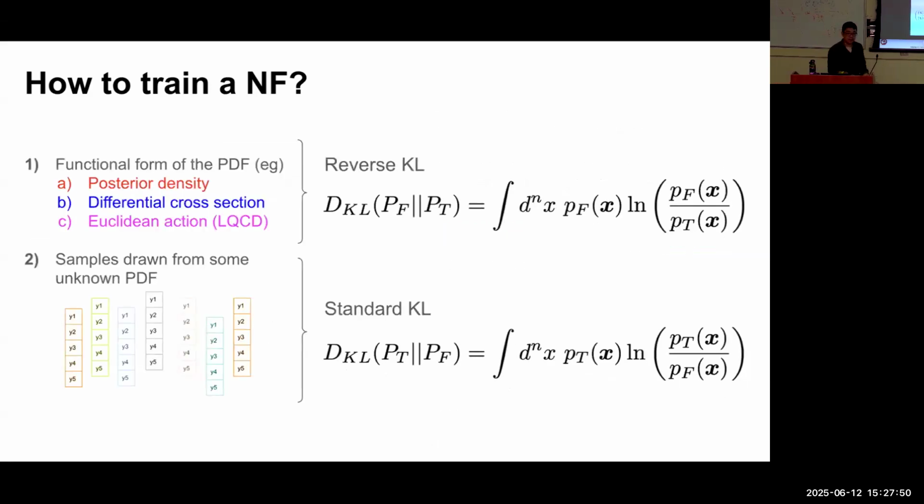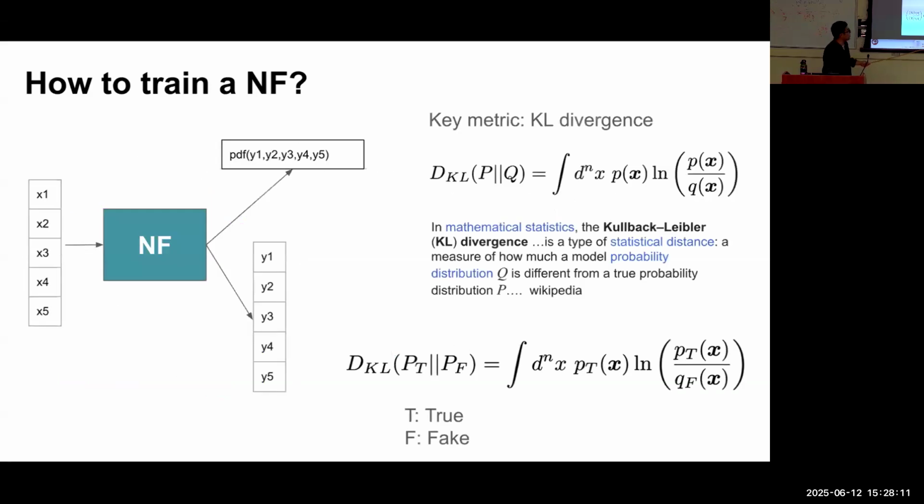So it turns out that depending on the form of data that you are training on, you need to actually adjust that KL divergence. If you are working with samples, I will argue that you have to use the standard KLD as it stands. Let me go back to the wiki.